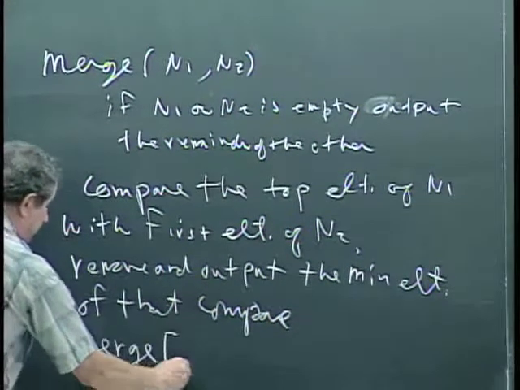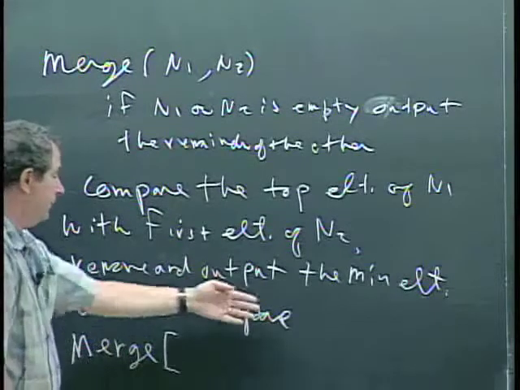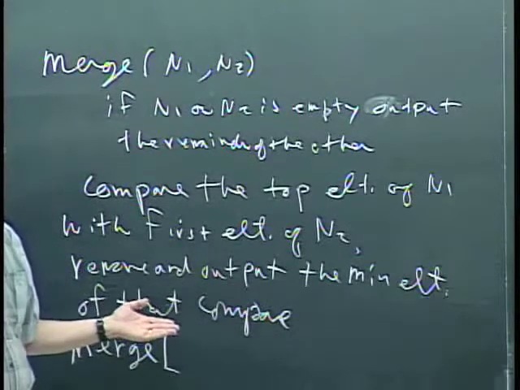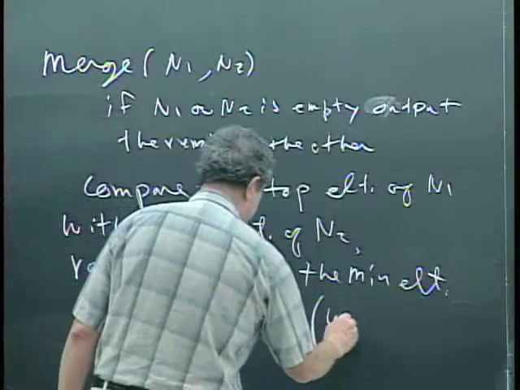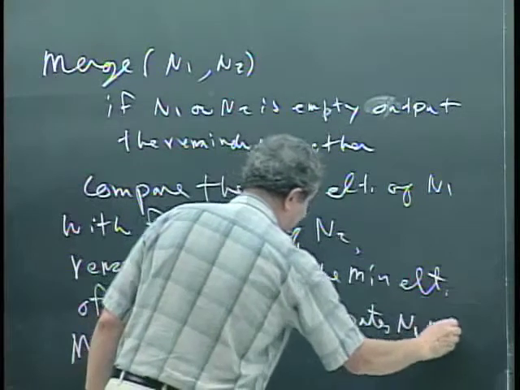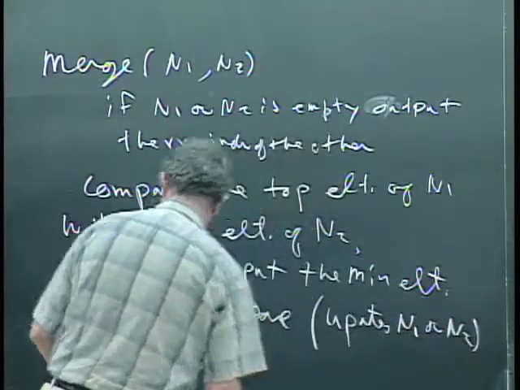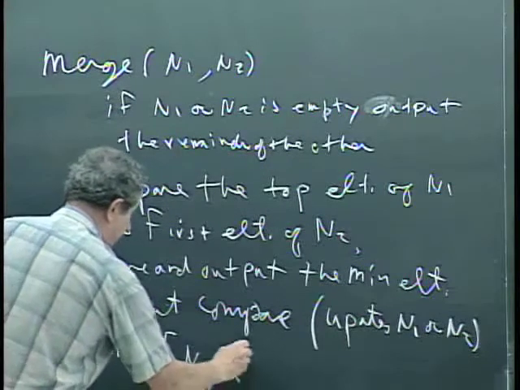Then we're going to merge. When you remove, then you've updated either N1 or N2, right? So, maybe I'll say that explicitly. This updates N1 or N2. And then here I can have merge N1, N2.